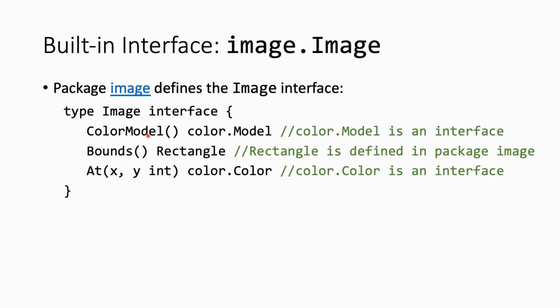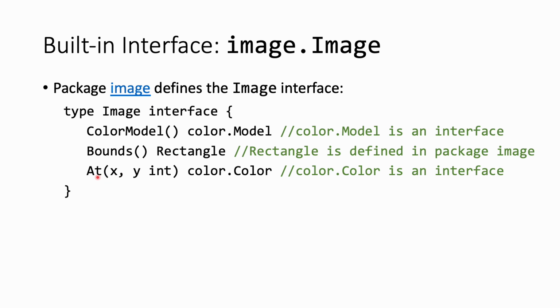Method ColorModel takes no argument and returns a model, which is an interface type defined in package color. Method Bounds also takes no argument and returns a rectangle, which is a struct type also defined in the package image.